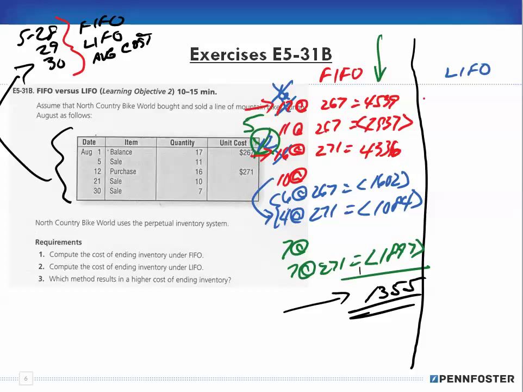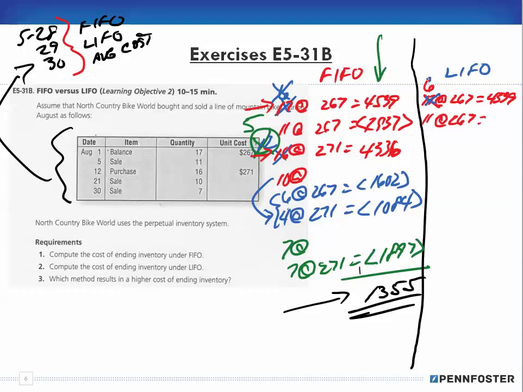So we start out with 17 at 267, which gives me 45.39. And then we make a sale of 11 at 267 because we're taking the 11 out of this, so that means we only have 6 left here.